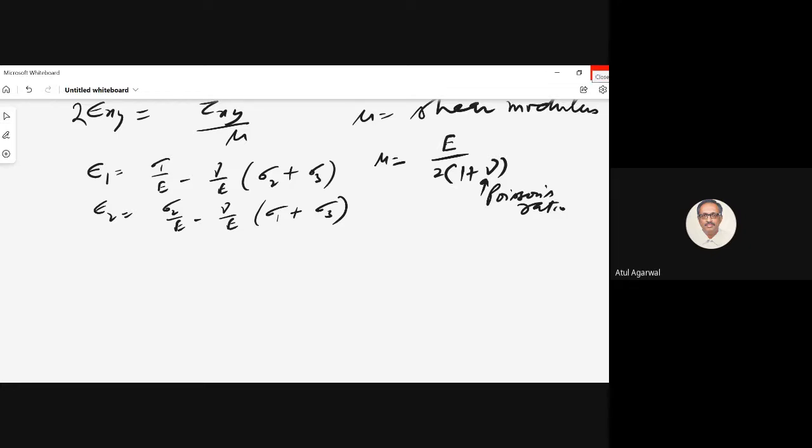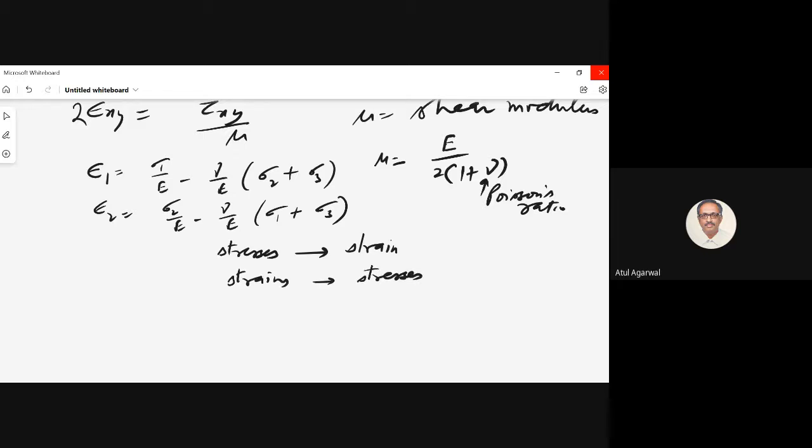So here you wrote strains in terms of stresses. You were given stresses and you found strains. You can also have strains and find stresses.